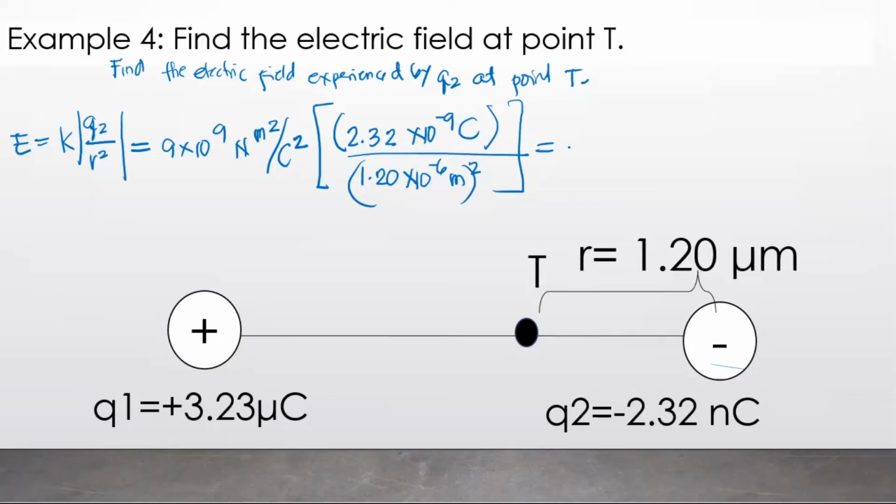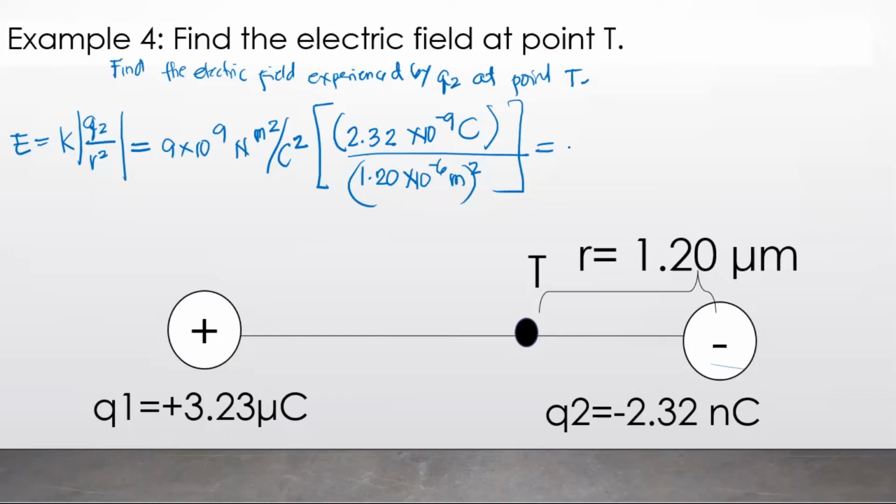Okay, so using our calculators, we can solve. So 9 times 10 raised to 9 times 2.32 raised to negative 9 divided by 1.20 raised to negative 6 squared.